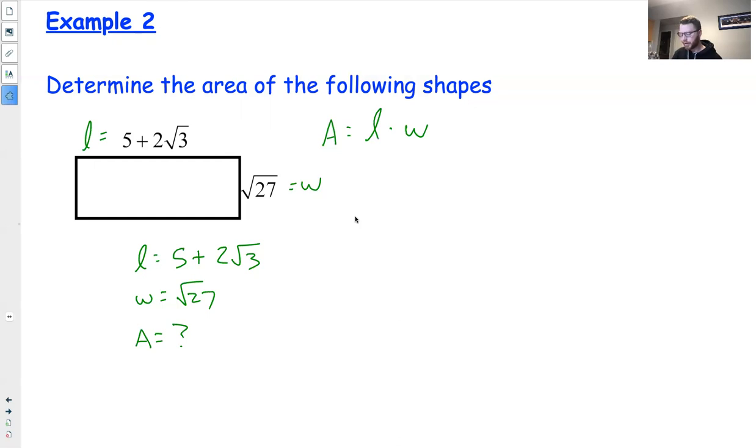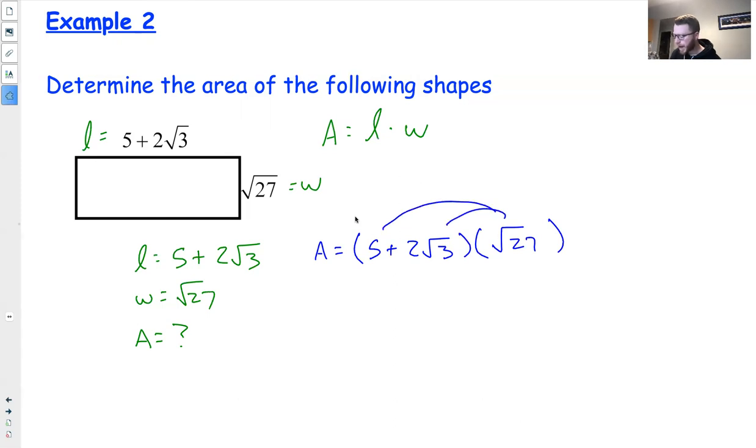So now, because our formula is already written in terms of A, we can just put our values into that formula and solve for A. So area is equal to length, which is 5 plus 2 root 3, multiplied by the width, which is root 27. Okay, so we will distribute that root 27.